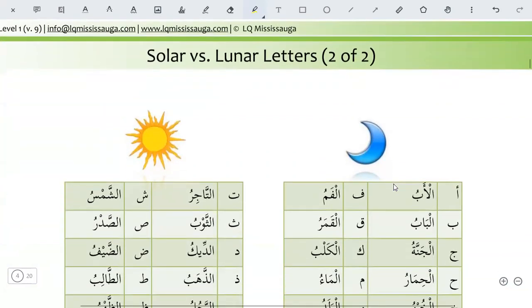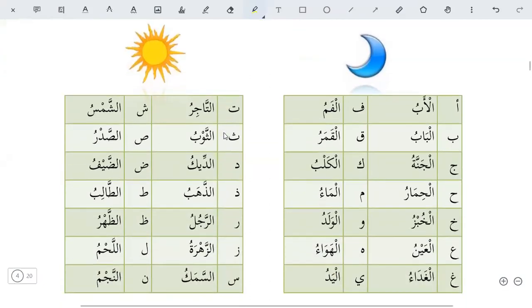This is a table of the solar and the lunar letters. First we go to the solar letters. At-tajiru, ta. If there is a ta after the lam, then we will not pronounce this lam.